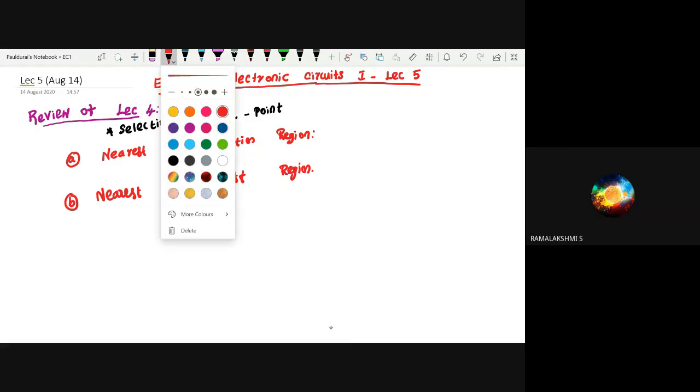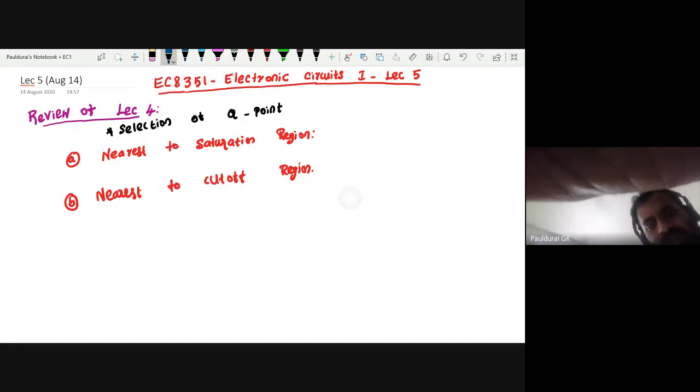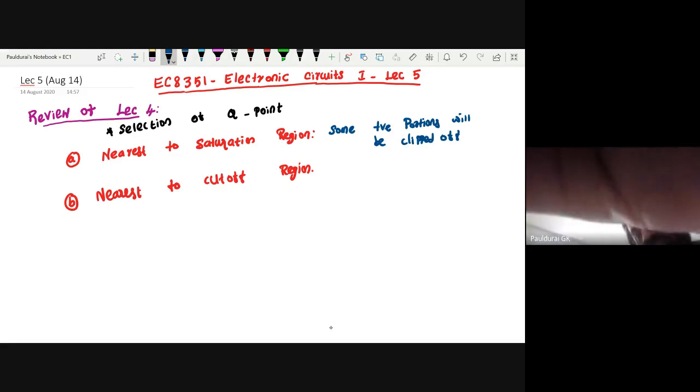The positive part will be clipped off, sir. Okay, if it is nearest to saturation, some positive portions will be clipped off. Similarly, if it is nearest to cutoff, some of the negative portions will be clipped off.